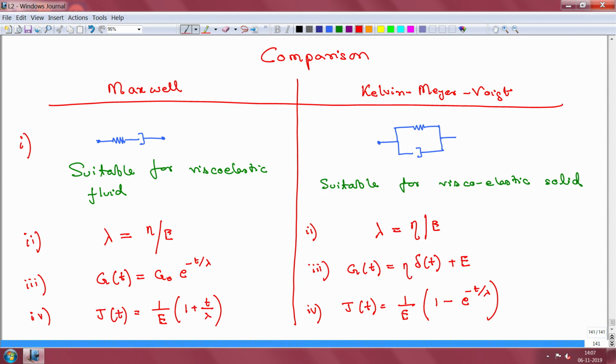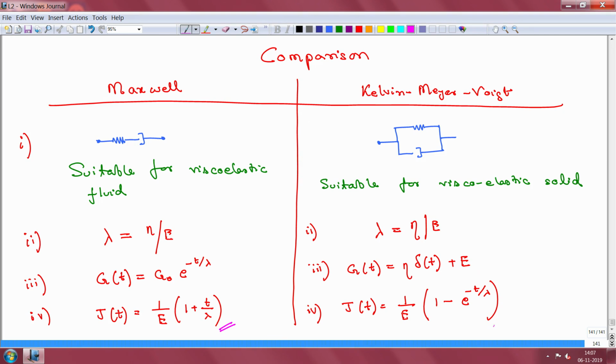Now, I would say that both these models have their own shortcomings. Right. For example, we saw that for the case of the Maxwell model, the creep function is not very satisfactory. Similarly, for the Kelvin model, you have a prediction of an infinite response at t equal to 0, that is also not very satisfactory.